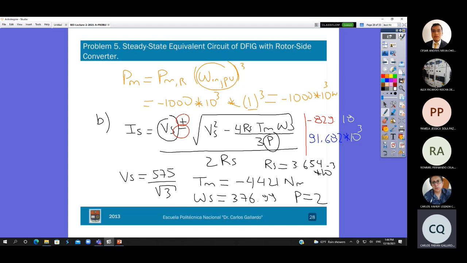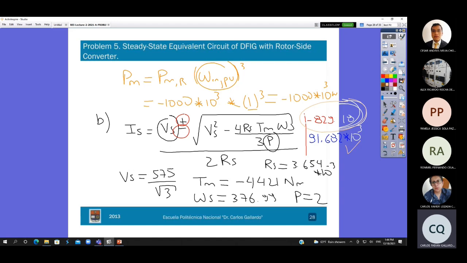Because of the supersynchronous mode of operation, I will get this current, and this other current is omitted. So this is question B, the stator current.